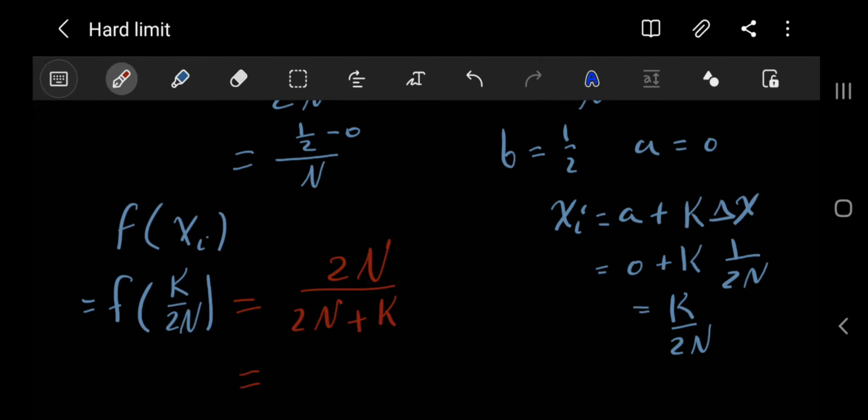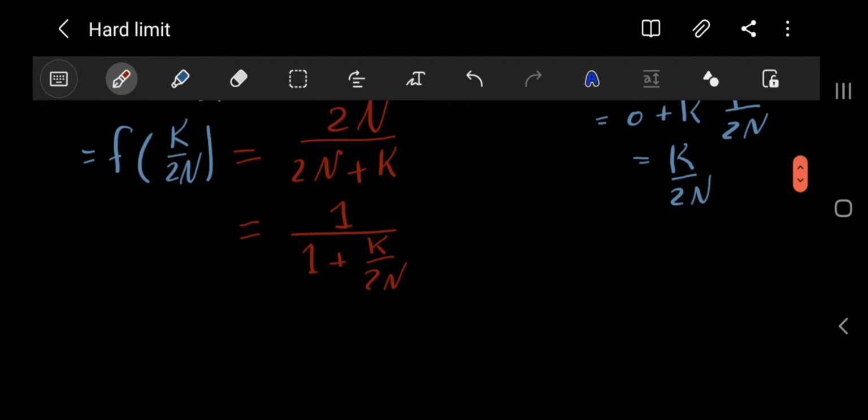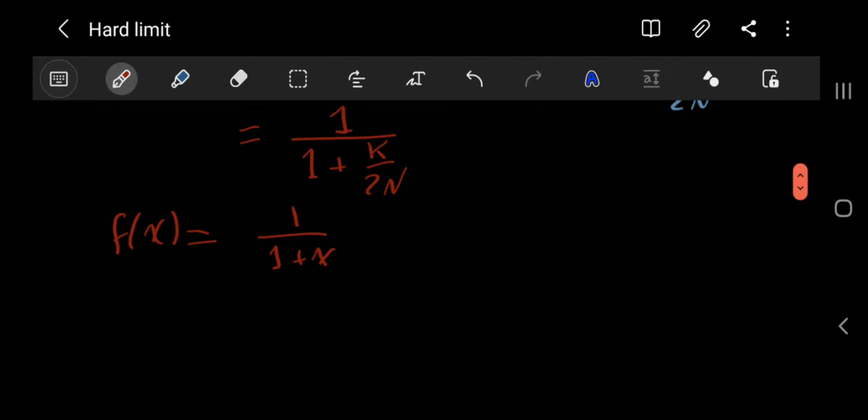So now we need to find the f of x, the function. So we have to divide the numerator and the denominator by 2n, so it will be 1 over 1 plus k over 2n. So we can find that f of x is equal to 1 over 1 plus x. So this will be an easy integral to evaluate.